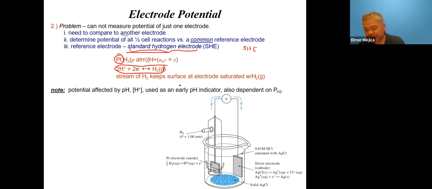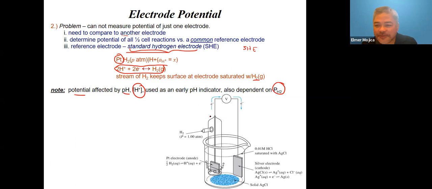You have a stream of hydrogen that keeps the surface of the electrode saturated with hydrogen gas. And if you're going to look at this, it's the potential that is affected by the pH or the H+. And it is used as an early pH indicator. And it is dependent on the pressure of the hydrogen. So ito yung parang typical na SHE na ginagawa nila.